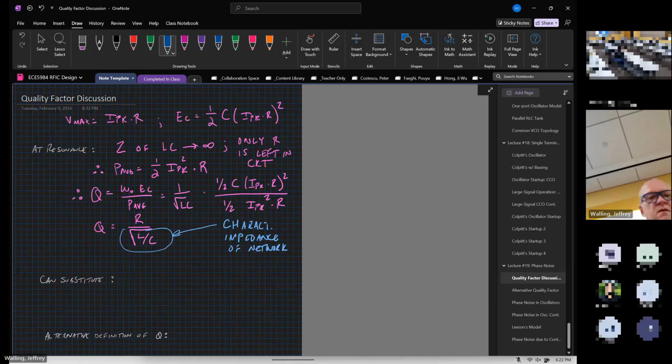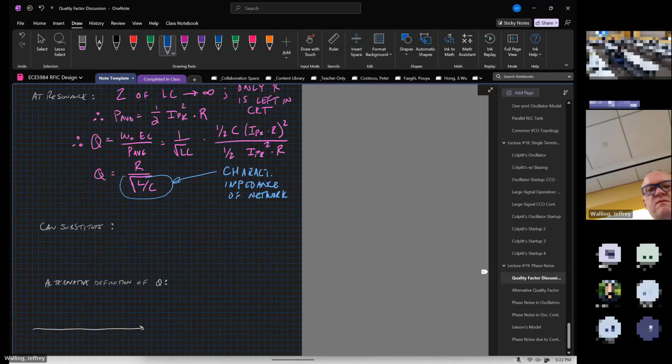Now, we can substitute, if we want, that omega naught is equal to 1 over root LC. And if we do, we'll come to those more familiar forms of R over omega naught times L, or R times omega naught times C, that we've seen before.